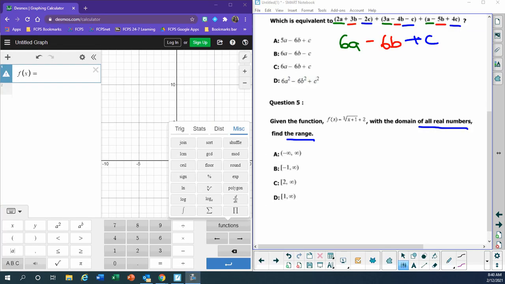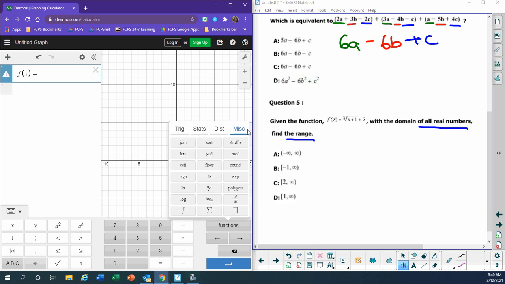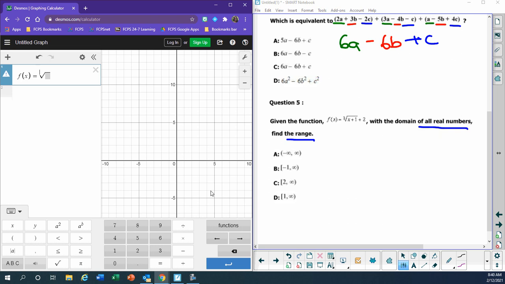I open my Desmos and it's f of x equals the cube root of x plus 1. You go to functions, and then miscellaneous gives you that radical form, which is 3, to write the cube root. Then you put x plus 1, and outside, you have plus 2.